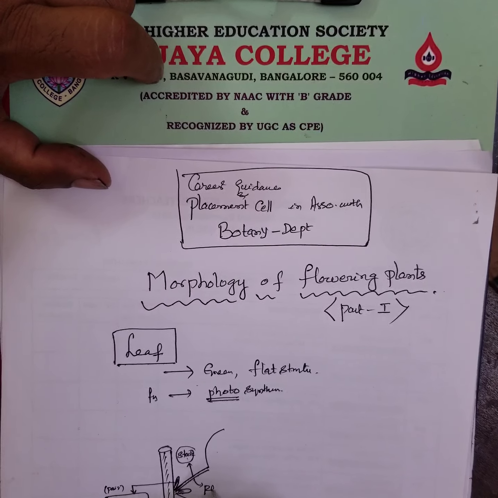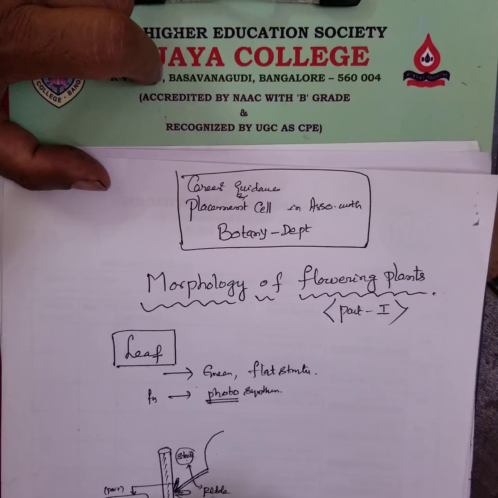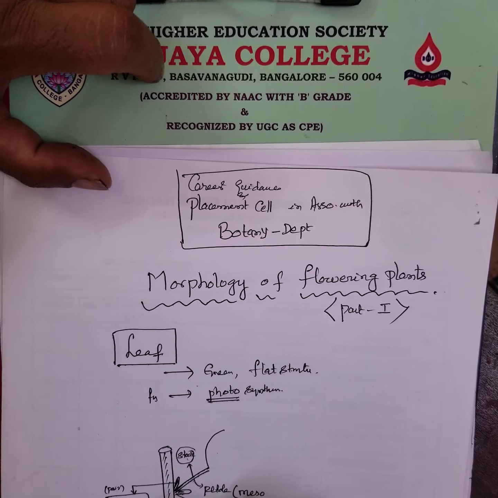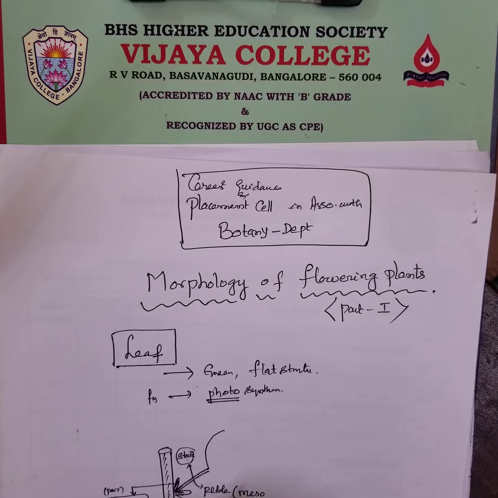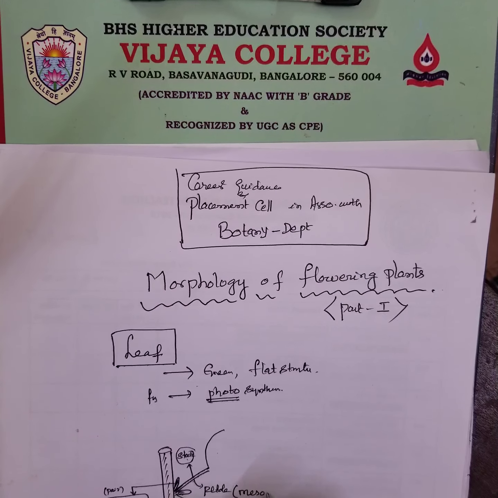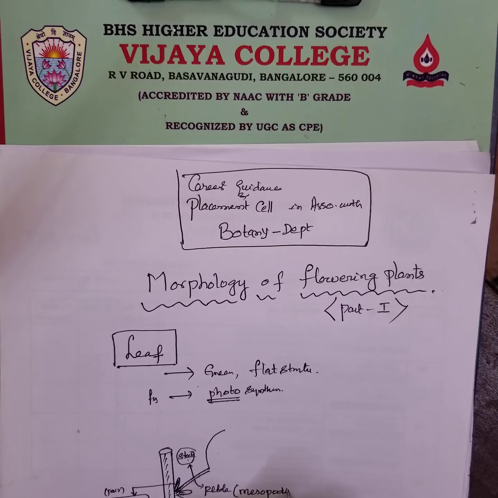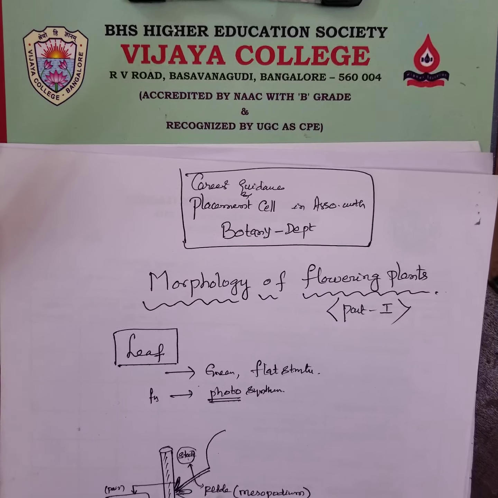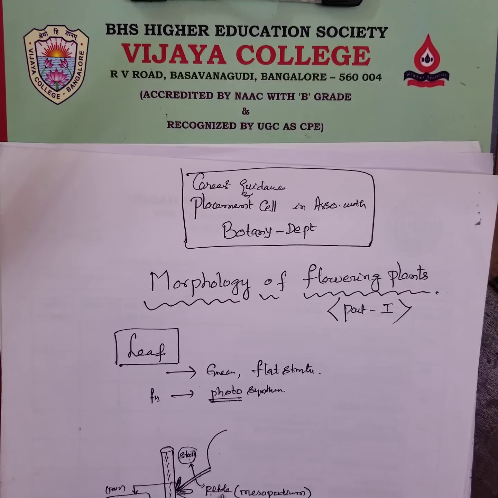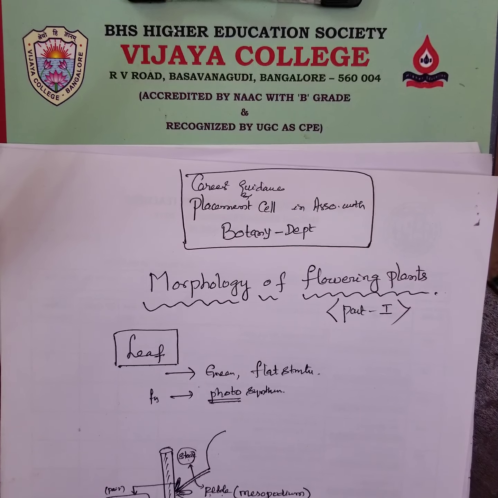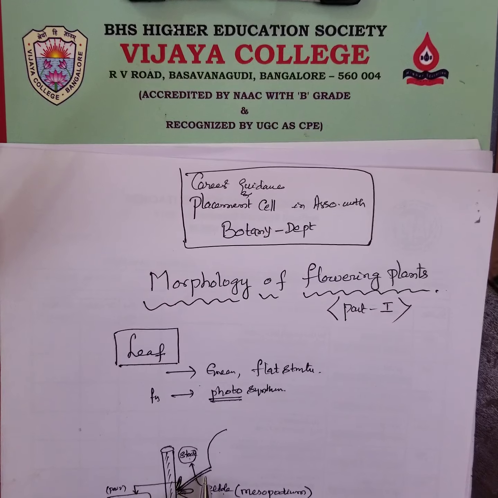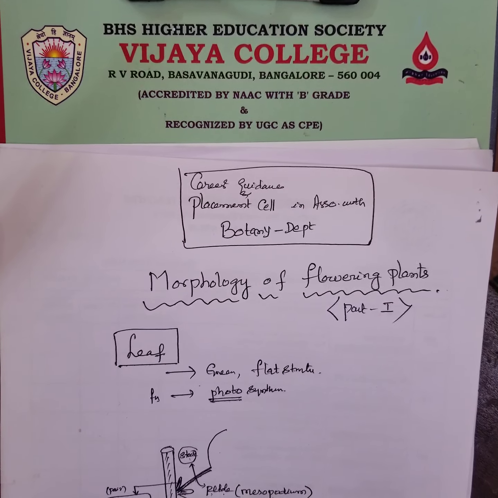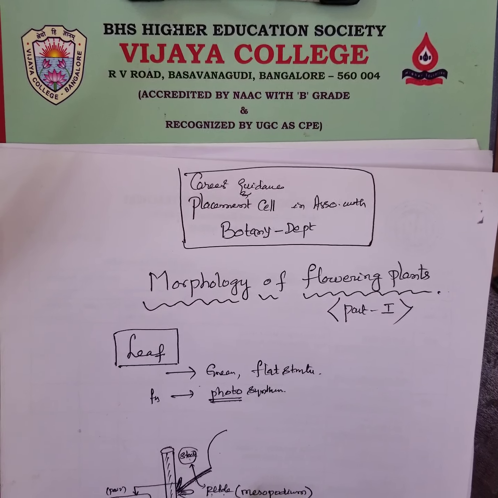Petiole. What is the scientific name? Mesopodium. You just have to remember this: the petiole is the stalk of the leaf, also called mesopodium.